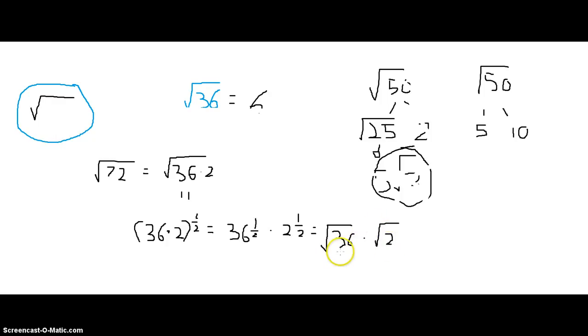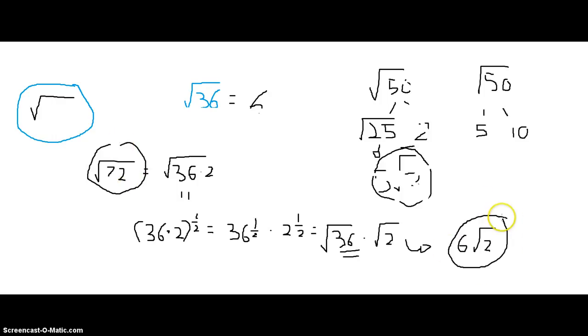And we already know the square root of 36 is 6. And so all this work would be brought down to 6 times the square root of 2. And that's actually the answer. So this and this, boom, you found your answer.